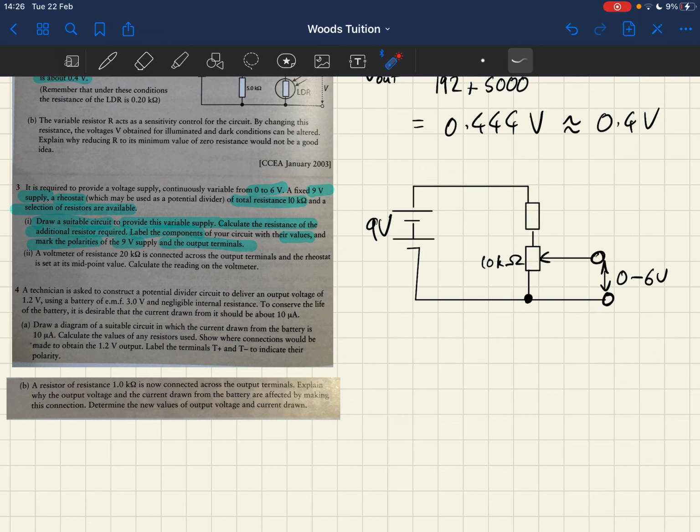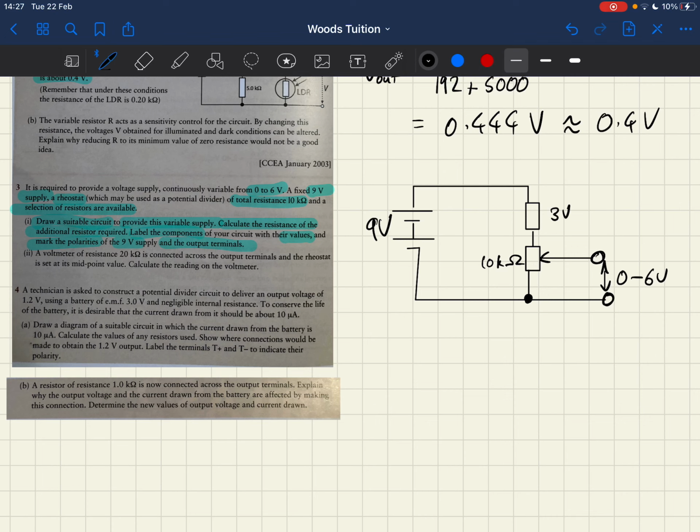So if we remember from the last video that in series, the voltage is going to be given by this equation, where the voltage of our potential difference across one component plus the next component plus the next component is going to give us our total voltage throughout our series circuit. Okay, so this here is going to have a potential difference of 3 volts across it. So using that, we will be able to tell what the resistance of the resistor we need to put in is.